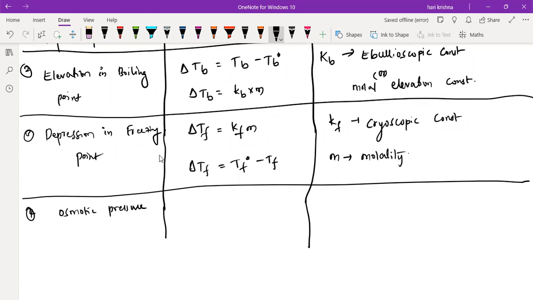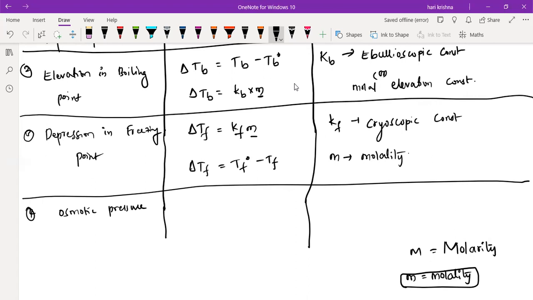That is the molarity formula. Whatever you are telling is for the capital M, molarity. Small m equals number of moles of solute by mass of solvent in kg. Very good. That's the molality formula. So whatever small m you are writing here, that is molality only.